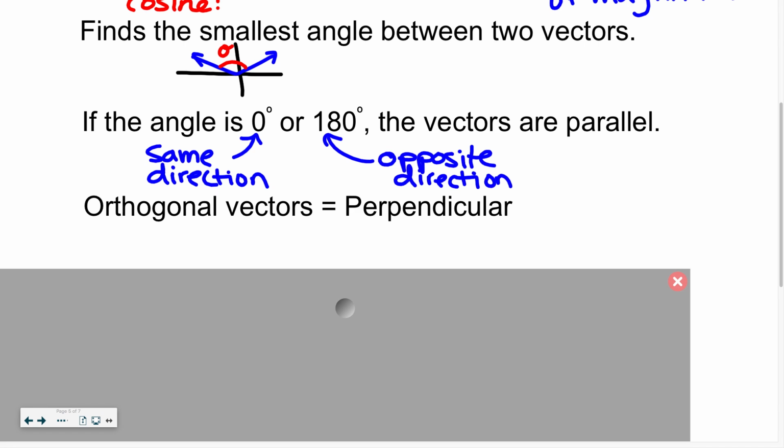I put this on the same slide as the formula for the angle between two vectors. So for two vectors to be orthogonal or perpendicular, what does their angle have to be? 90 degrees. Okay, so there has to be a 90-degree angle between the vectors. And let's just think about this in terms of this formula.